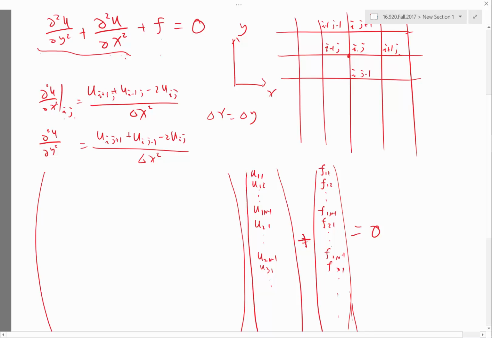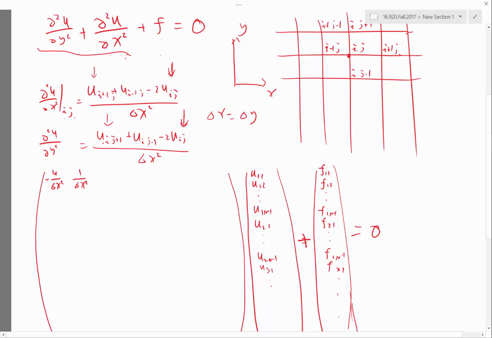Okay, so the only terms I have to consider are this term, this term, this term, and this term. 4 terms. 2 of these 4 terms are diagonal terms. They are actually the same term. They are both minus 2 divided by delta x squared. So add them together, the diagonal term is going to be minus 4 divided by delta x squared. The next term is i,j+1. So it's this term. It's going to be 1 over delta x squared.